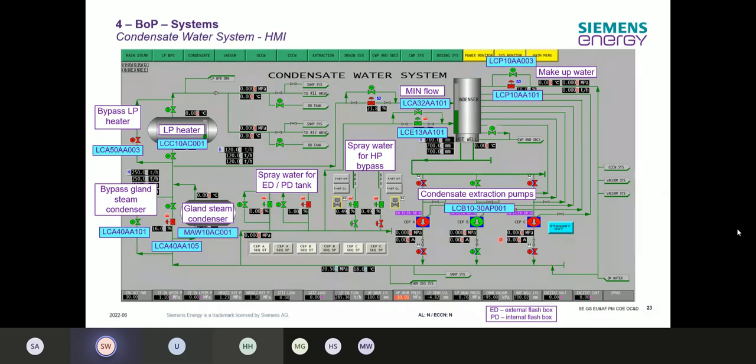You have then the outlet valve when the pump is running. Red is open, so red pump is running, so you're getting here your certain pressure in the system.